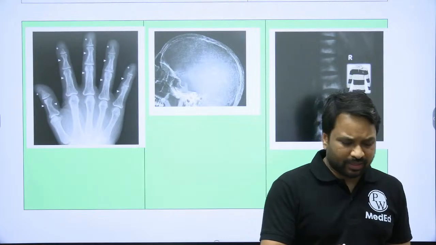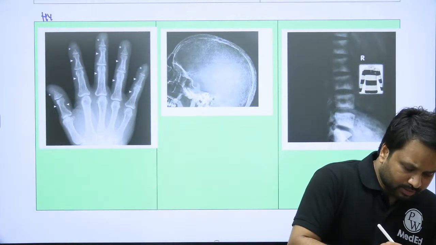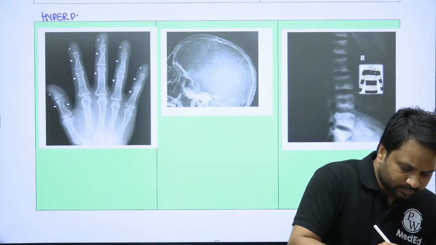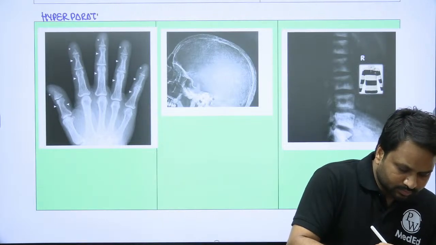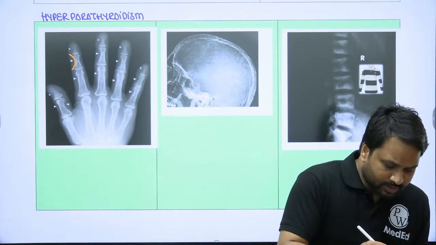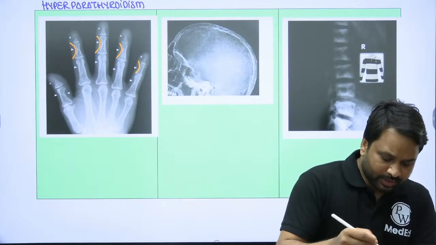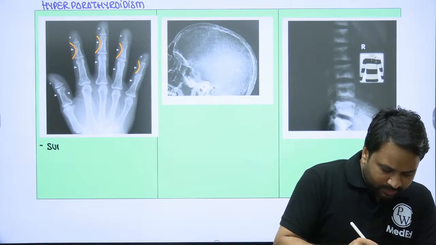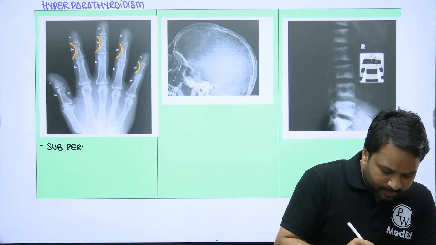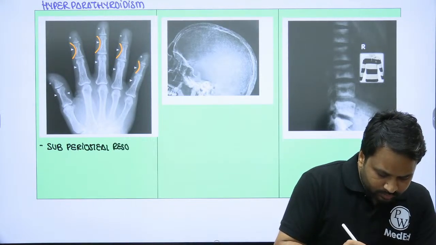This is about hyperparathyroidism. When you talk about images on hyperparathyroidism, what are the three images you have? Number one is your subperiosteal resorption, which is going to be present. You can see it here.